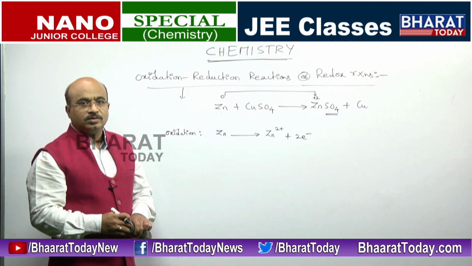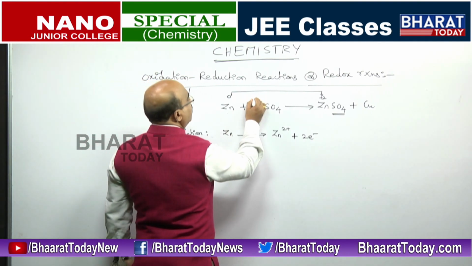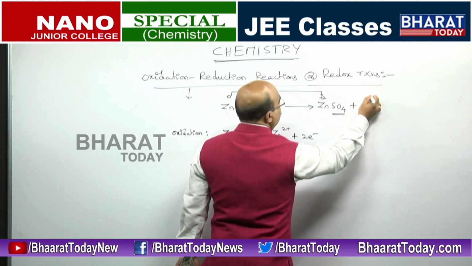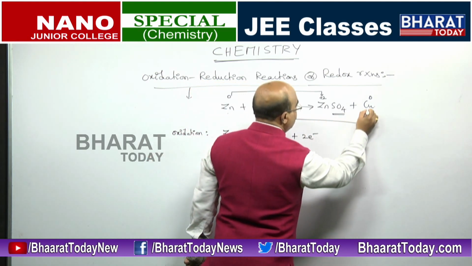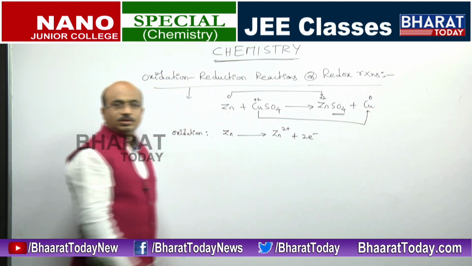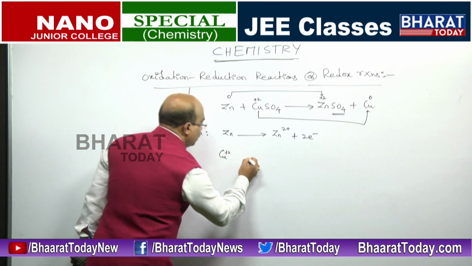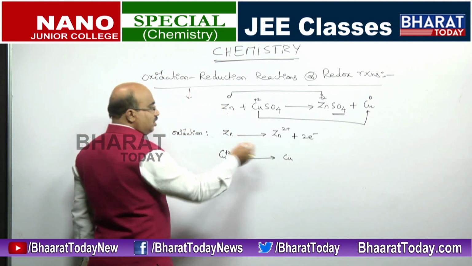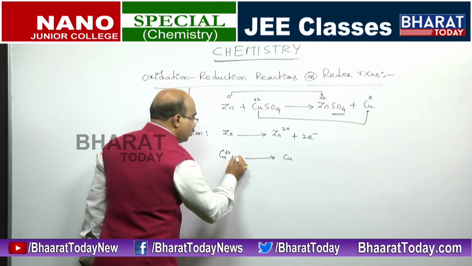Similarly, the copper charge here is +2 and here it is 0, so copper is going from +2 to 0. Cu2+ changes to Cu, and to balance the equation with respect to charges, we write 2 electrons here.